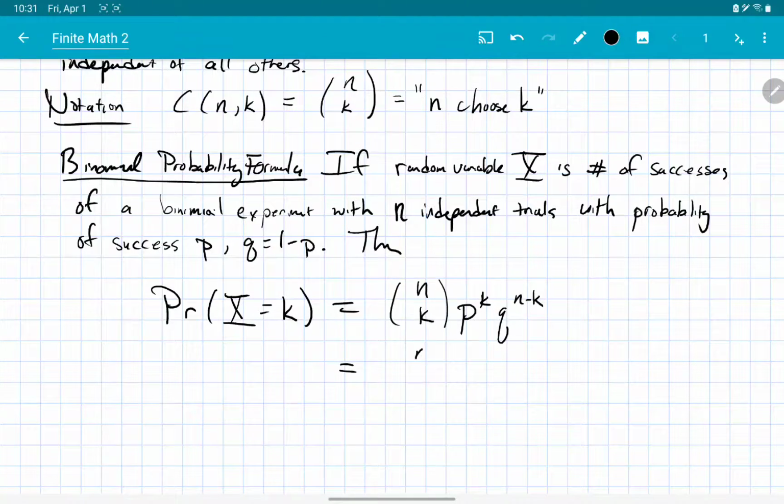Another way of writing this, in case you forgot the combination formula: n factorial divided by k factorial times n minus k factorial, times p to the k, q to the n minus k, like that.